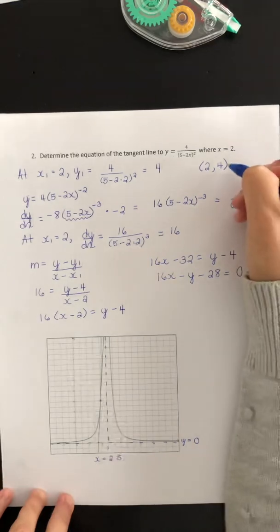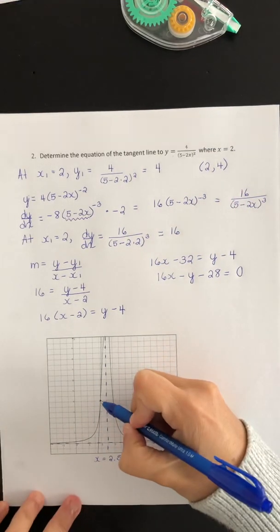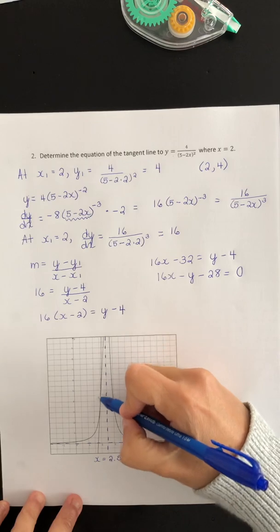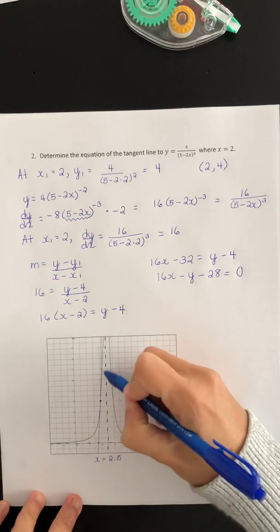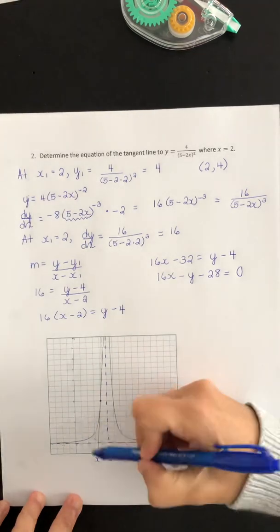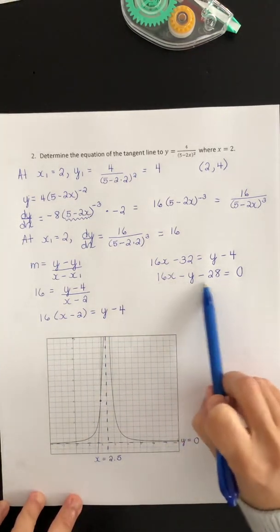Okay, the point of interest is 2, 4, and I've drawn a dot at the point 2, 4 right there on the graph. And at that point, a tangent line is drawn. Can you see the tangent line drawn there, the straight line? And all we did was determine the equation of that straight line, and it is right here.